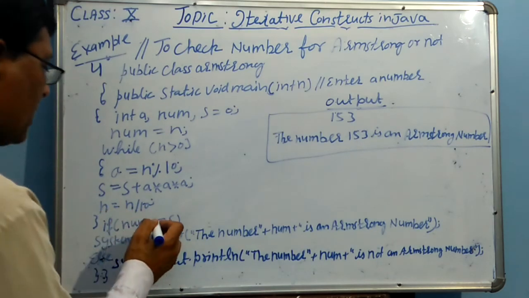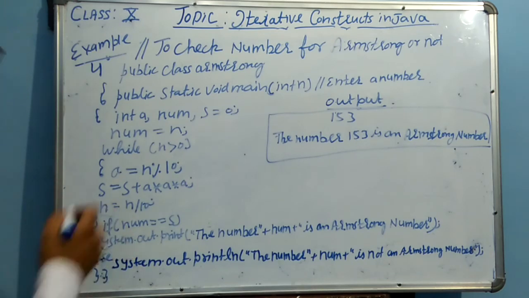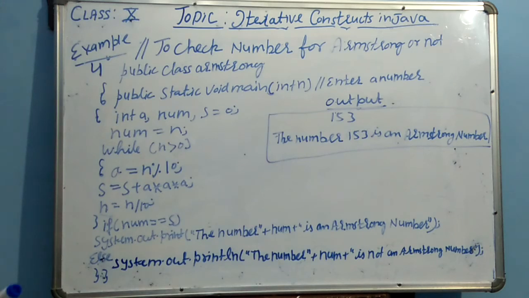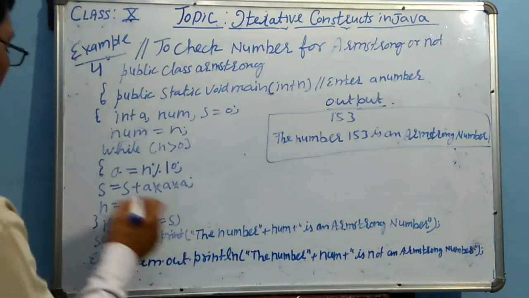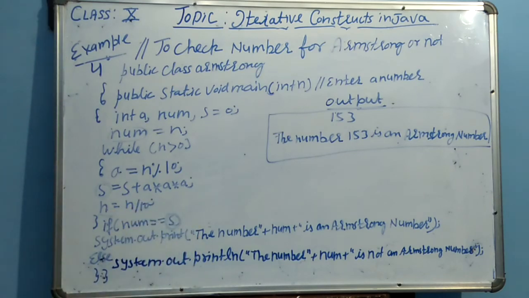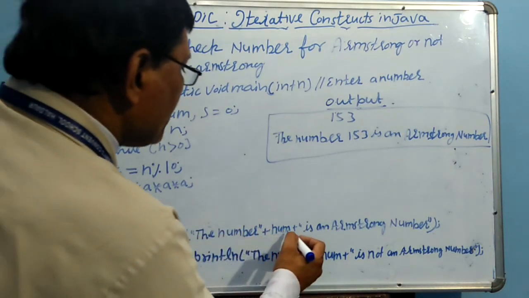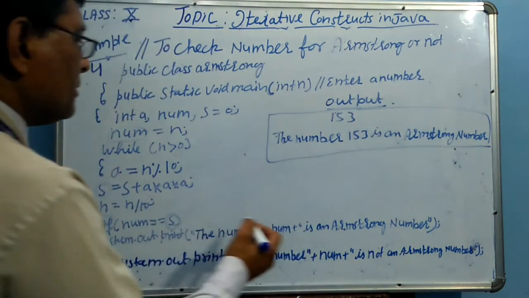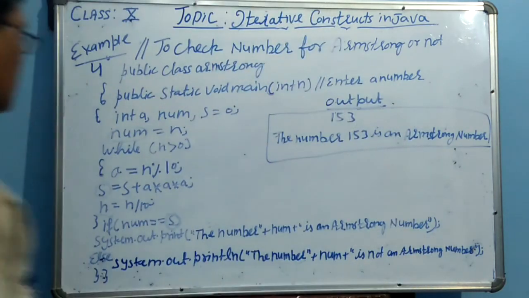And if num is equal to s, the value of num and the value of s are equal, then it will display that the number, which is 153 suppose you are giving, is an Armstrong number.